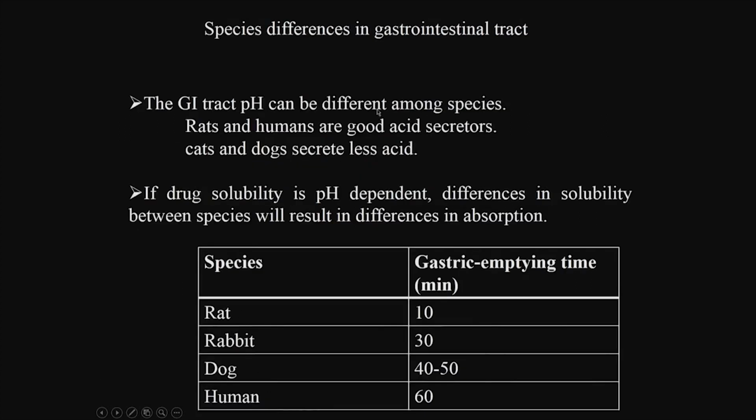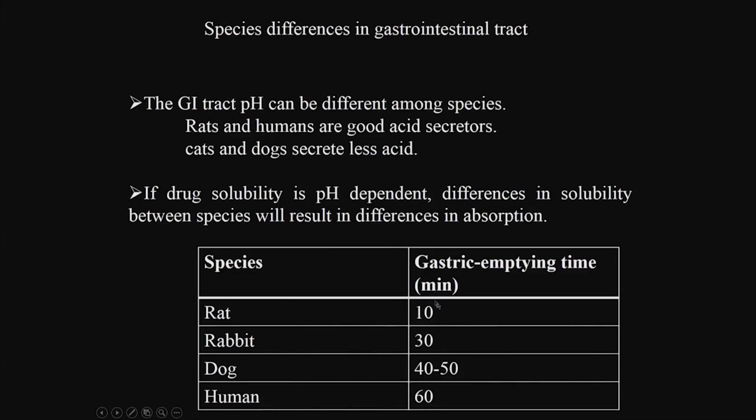Okay. So, GI tract pH can be different among species. Rats and humans are good acid secretors, cats and dogs secrete less acid. So, if the drug solubility is pH dependent, differences in solubility between species will result in different absorption. So, in rat you will get pH changes.